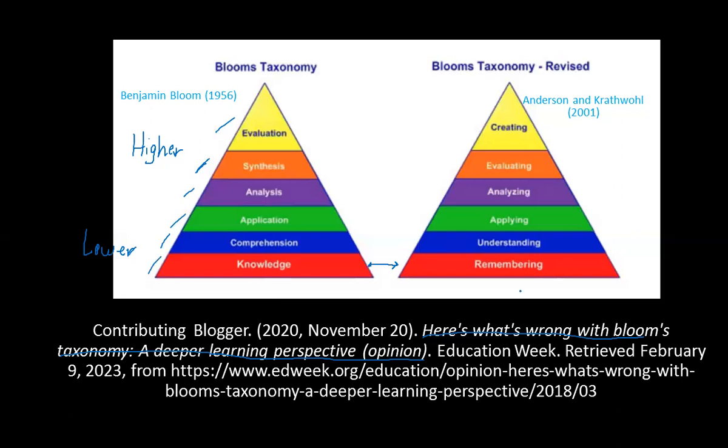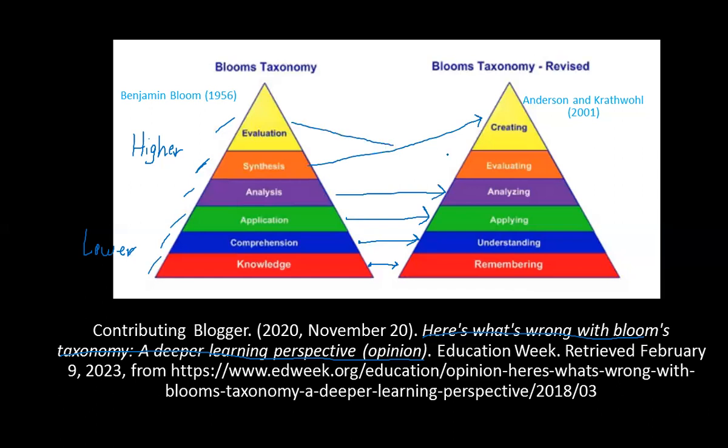Both of them have the same meaning and implication, kasi this is about what information do you know about this certain subject. However, iba nga lang yung wording. So from noun, naging action word, verb. Comprehension, naging understanding. Application, naging applying. Analysis, nagiging analyzing. Synthesis, naging creating.